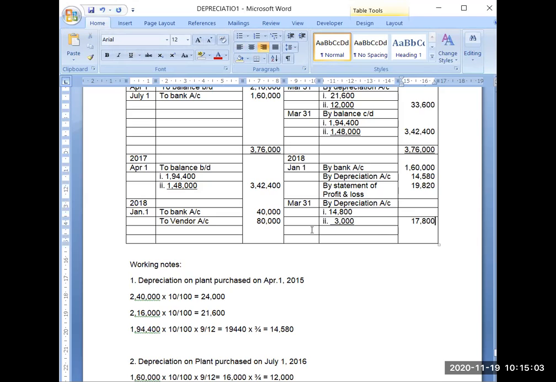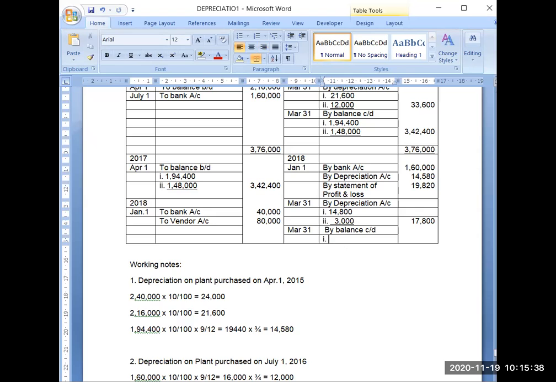Now we can calculate the closing balances. March 31 by balance carried down. First, 1,48,000 minus 14,800.